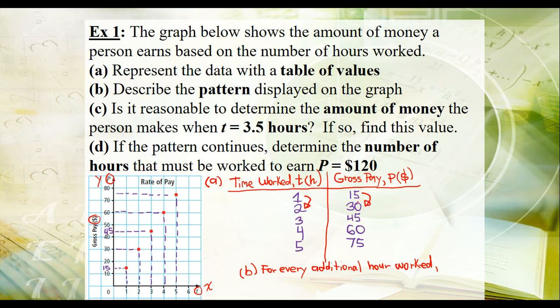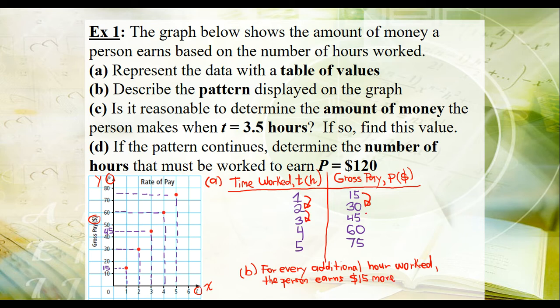Well, how do you get from 15 to 30? It'd be you add another 15. So for every additional hour worked, the person would earn $15 more.